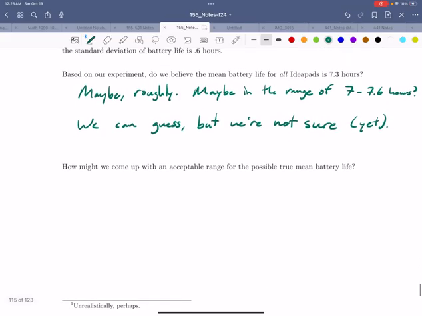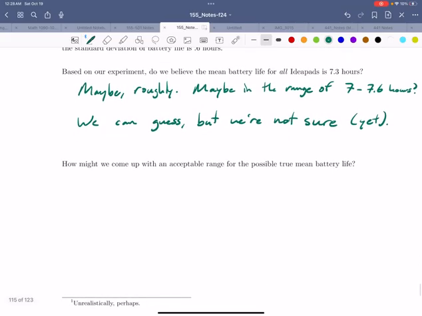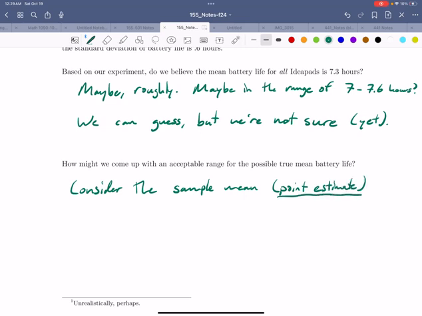So what we're going to do is we're just going to say, consider the sample mean, which is also called the point estimate, and sample size.